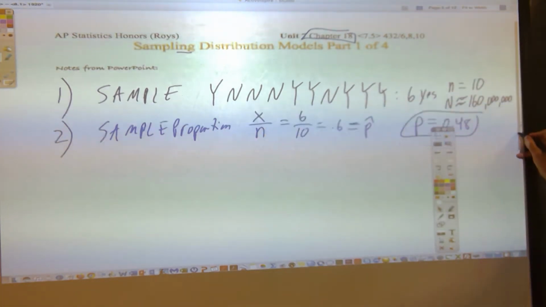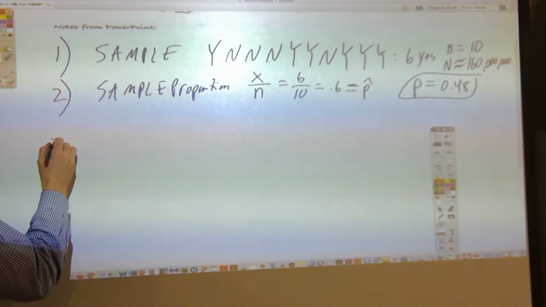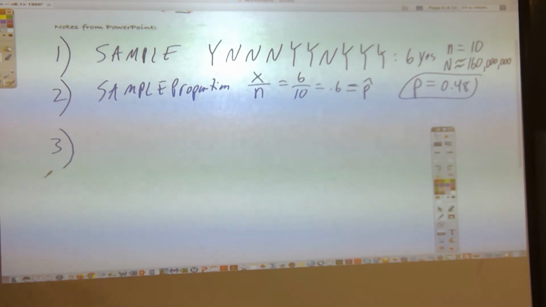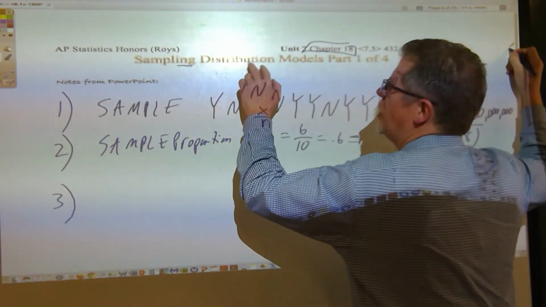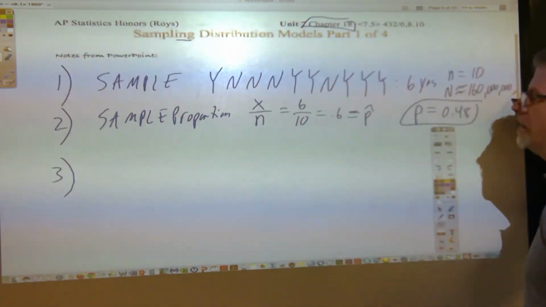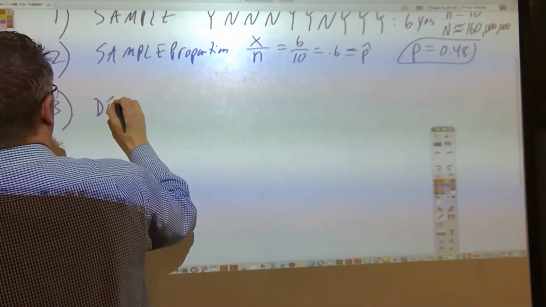Next, let's look at the distribution of sample proportions. So the third layer in getting to where we need to be to understand what the ING is all about on the sampling. We don't have the ING on there yet, but we are going to look at a distribution of sample proportions.